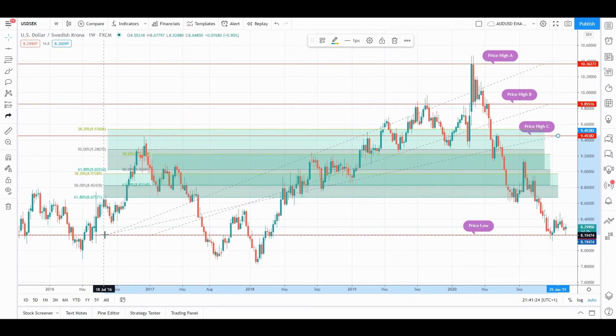So at the moment we're using the three most significant Fibonacci ratios, which are the 61%, the 50%, and the 38%. These are the three most significant Fib ratios that the market responds to. In your Fibonacci retracement tool, you may want to customize it so that you remove the other ratios, i.e. the 75%.